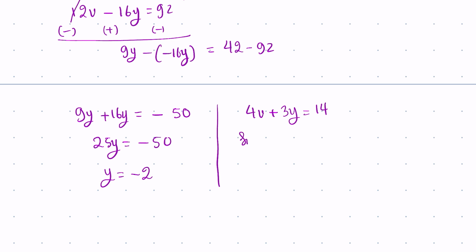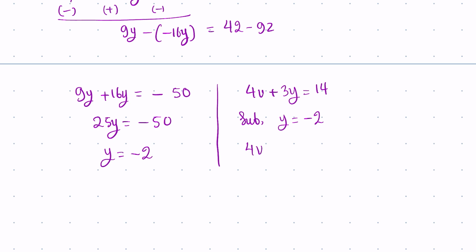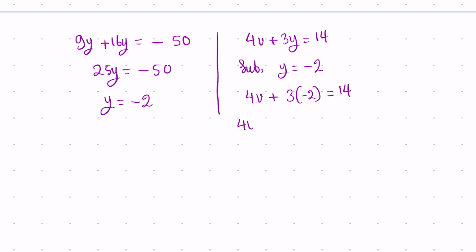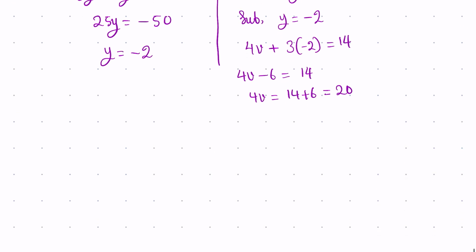Substituting y is equal to minus 2, we get 4v plus 3 times minus 2 is equal to 14, which gives us 4v minus 6 is equal to 14, or 4v is equal to 14 plus 6, which is 20. So 4v is equal to 20, or v is equal to 20 by 4, so that's equal to 5.